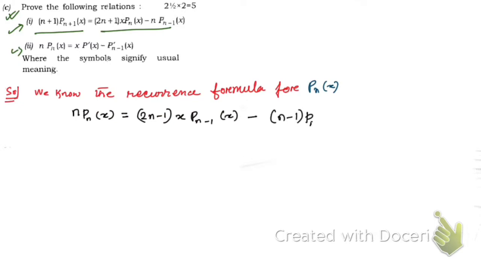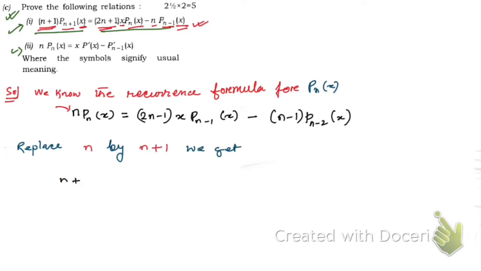To prove the first one, (n+1) Pn+1 of x equals (2n+1) x Pn of x minus n Pn-1 of x, just replace n by n plus 1.